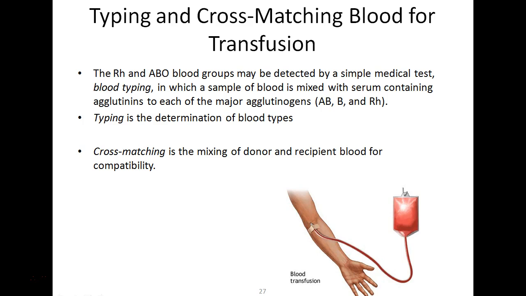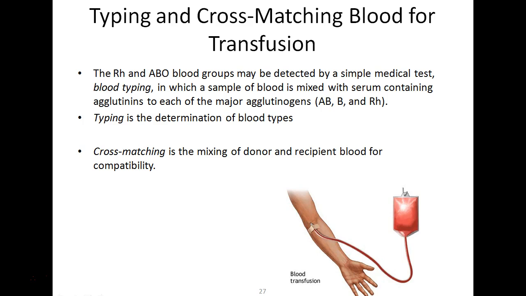After that blood type is determined, we might do a cross-matching, mixing the donor and recipient blood to check for compatibility. Keep in mind that the whole blood we've been discussing is almost never transfused today, and it's generally not available. When a person donates a unit of blood, it is divided into three main components: erythrocytes, clotting factors, and platelets.